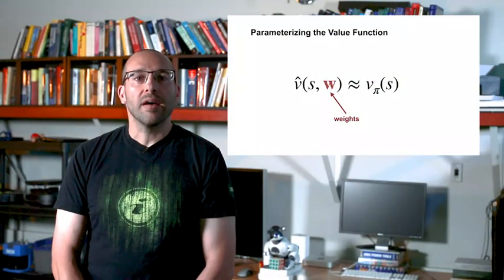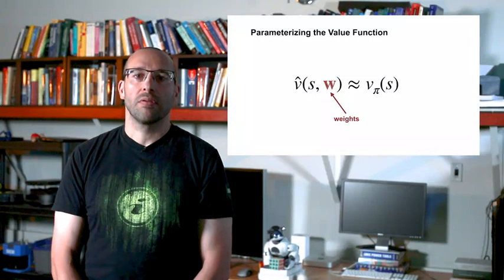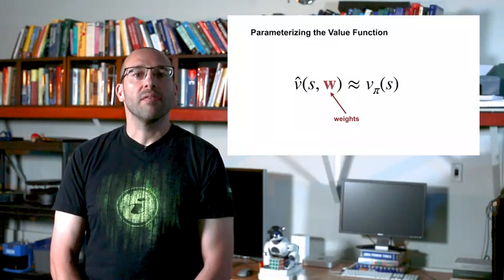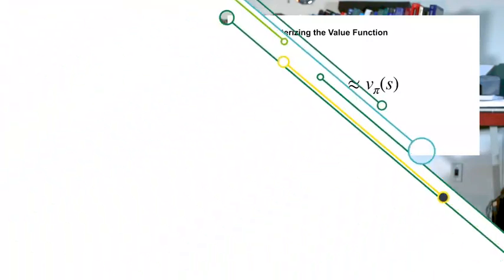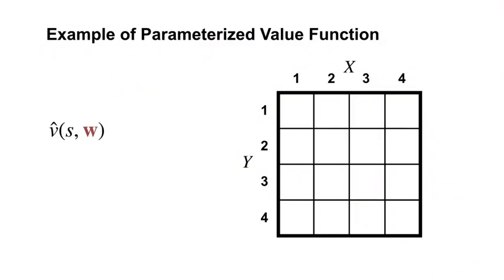This is where the idea of a parameterized function comes in. We incorporate a set of real valued weights which we can adjust to change the function. For example, in this grid, instead of using a fixed sum of x and y, we could use a function of the form w1 times x plus w2 times y. The weights w1 and w2 parameterize our function.